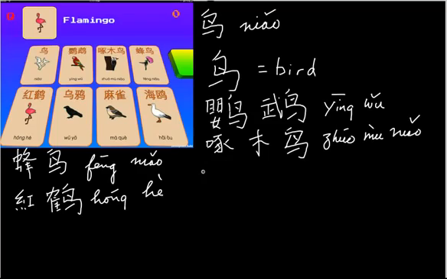Next to it is a wu ya. Wu almost looks like the character of the bird, except that it does not have a little dot in the center. So this is wu without this dot in the center, like here. And ya, this symbol here on the left actually means teeth or tooth in your mouth.